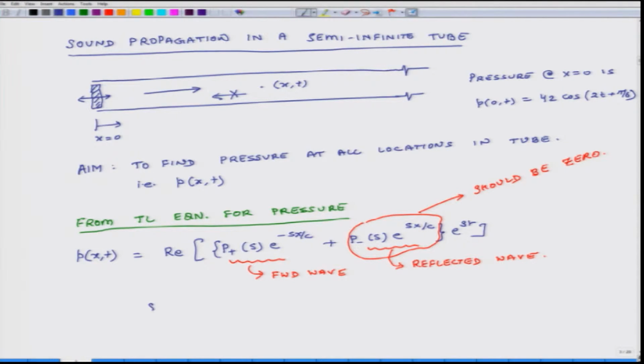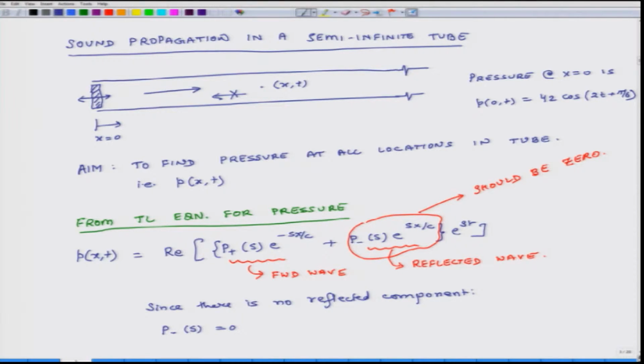Since there is no reflected component, this entire thing which I have encircled in red should be 0 for all values of x and all values of t. It implies P minus of s is equal to 0.